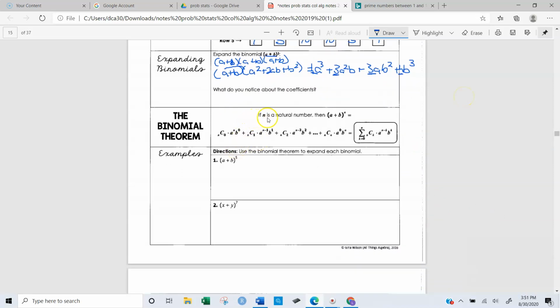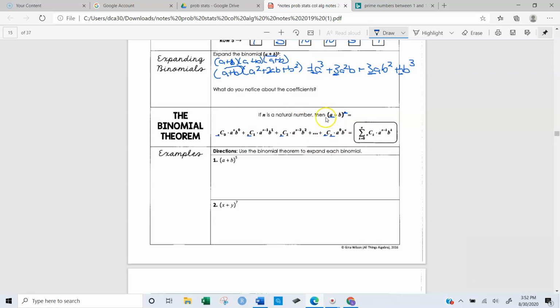So when you go through here, n is a natural number, a plus b to the nth power equals, and this can be done instead of writing out Pascal's triangle with combinations. And it's just n wherever you're starting. So if I'm taking something to the 5th power, this would be 5 choose 0, 5 choose 1, 5 choose 2, up through 5 choose 5, and that gives you all of your coefficients for multiplying out.